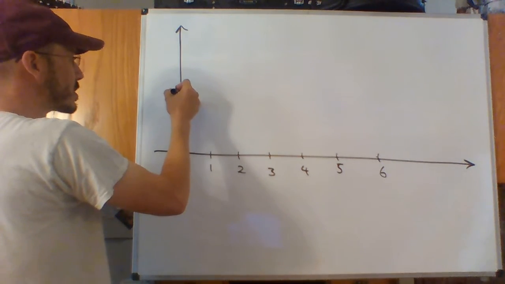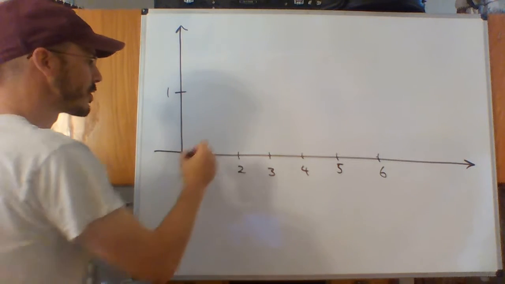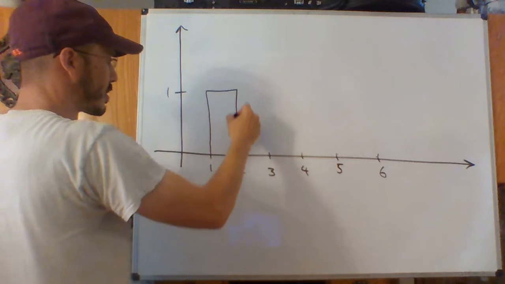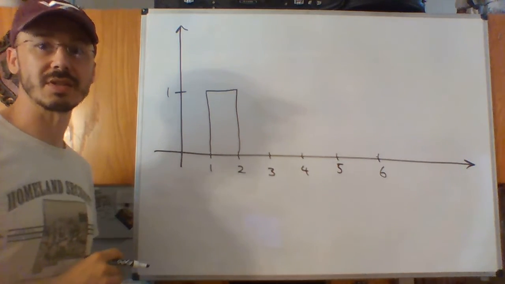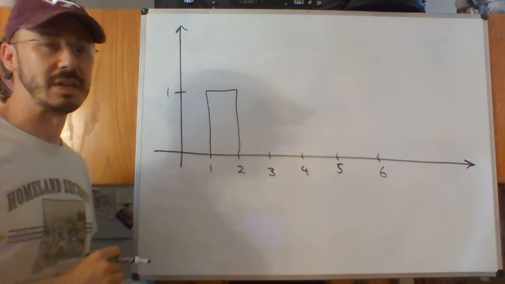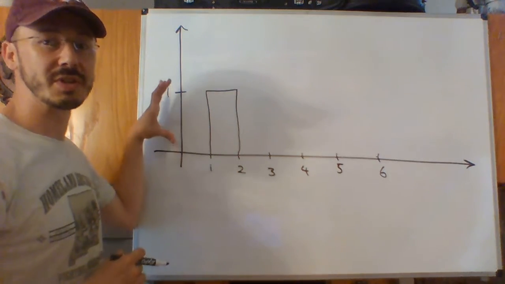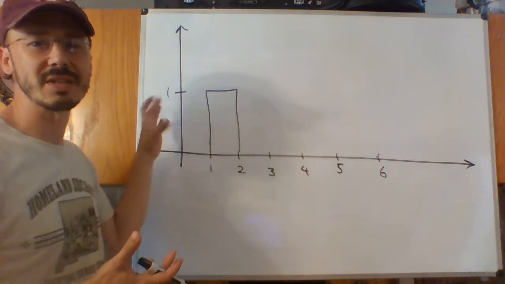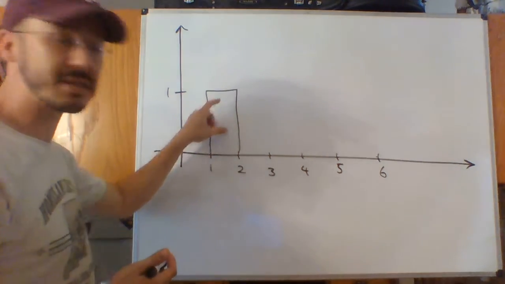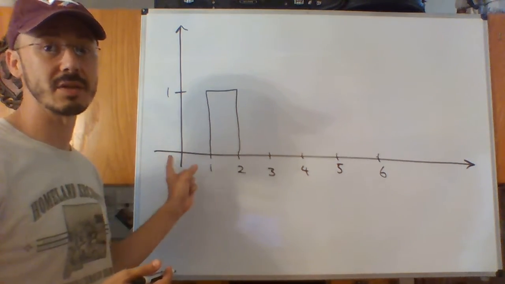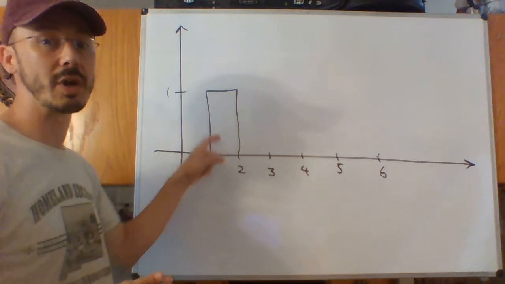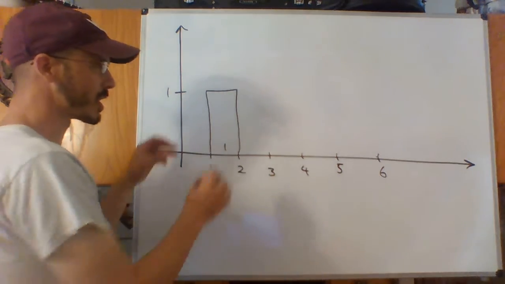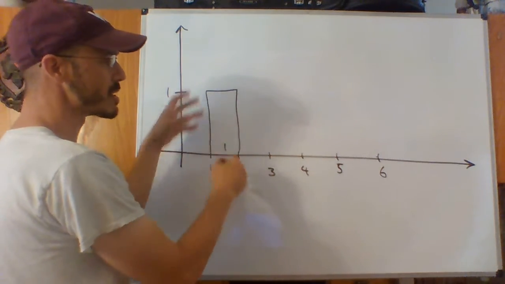I want to just have my 1 high enough that we can see. That's actually a square. It's 1 wide and it's 1 tall, so it's a square. But it doesn't look like a square, because my scales are different. But it has an area of 1, definitely. It's width 1 and height 1. So I'm going to label this one down here with 1. I don't want to clutter things up, so I want to label the areas at the bottom.